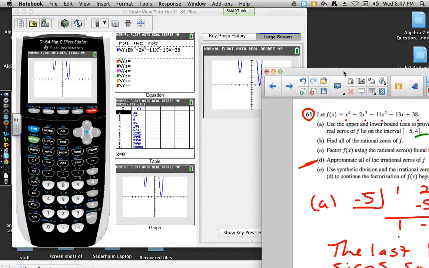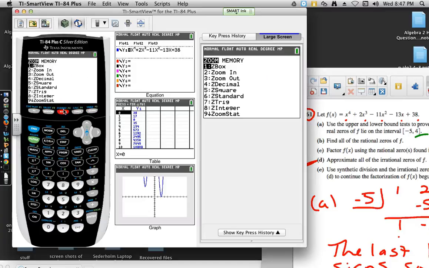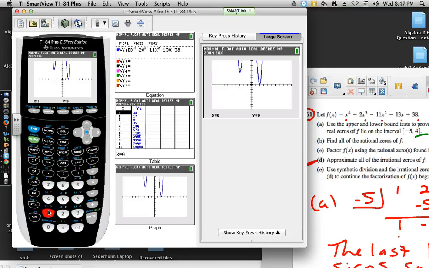So now we're going to zoom box, and we're going to see just how close we can get in to finding that other zero. So what I want to do is bring Blinky into position. Remember with zoom box, he needs to be in that upper left-hand corner. I'm going to press enter, and then bring it down and to the right, forming the dimensions of that box.